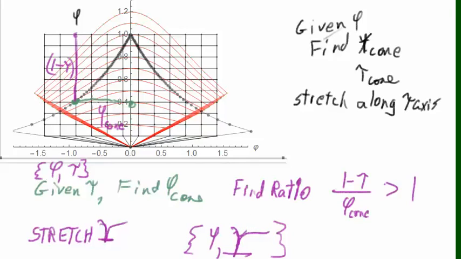So it's kind of weird because now every point along this line will give me the same value for the stretch of the conformal time. Earlier, when I did it, every point along that line gave a different value for the stretch of the conformal time.